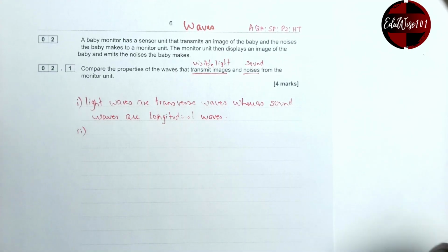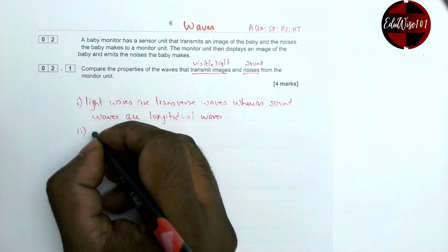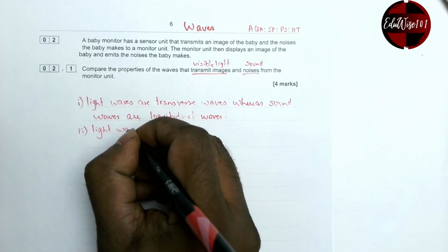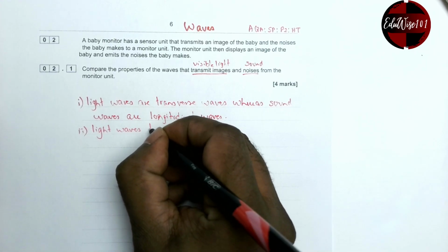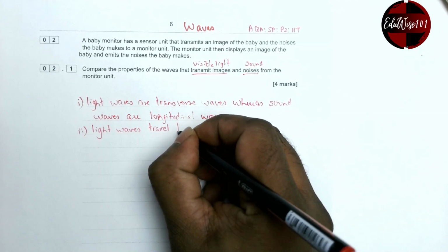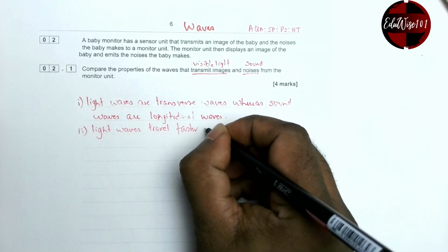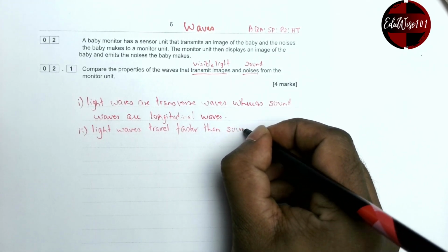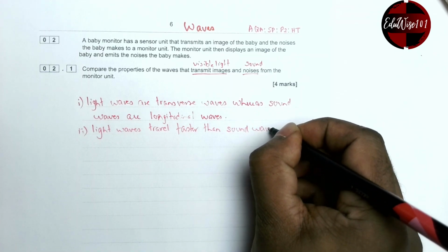Second point, light waves travel faster than sound waves.